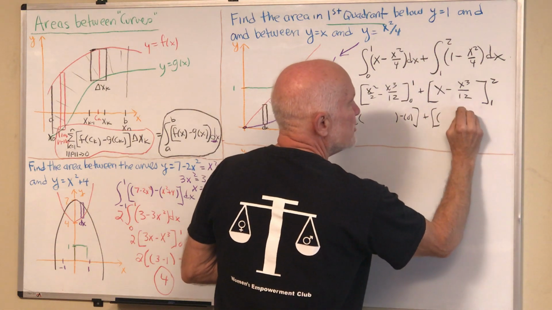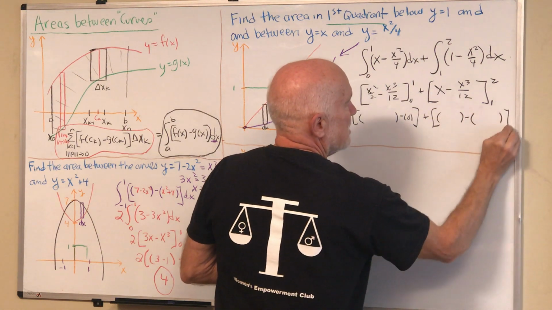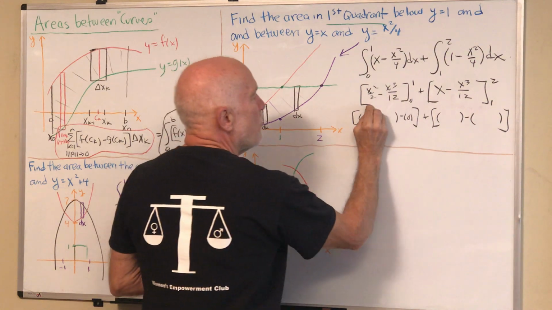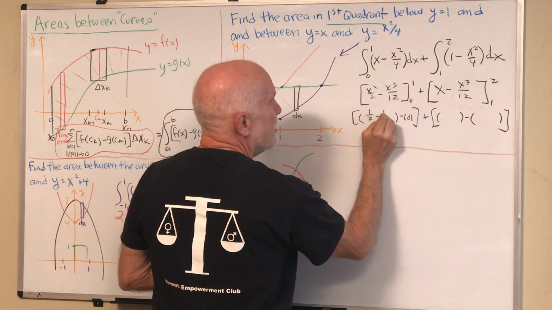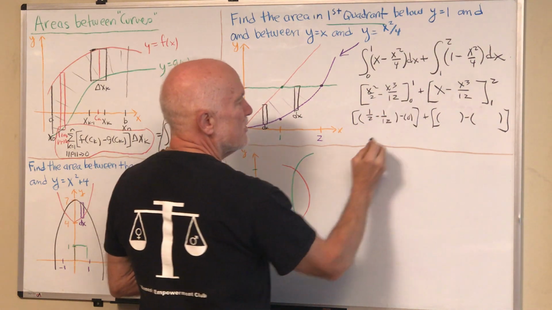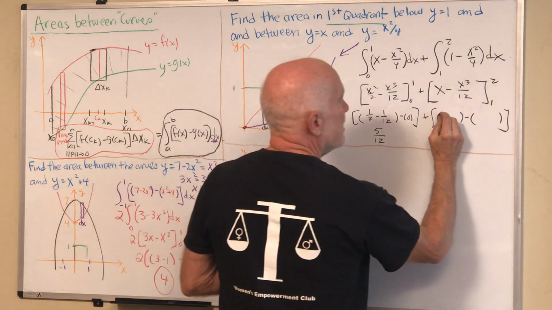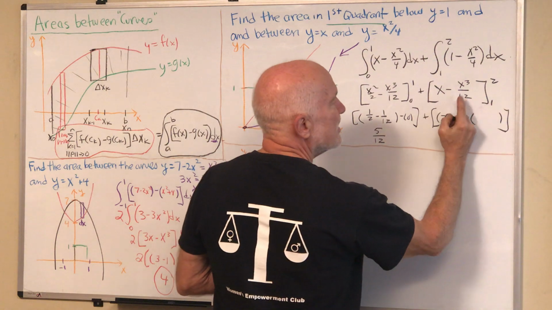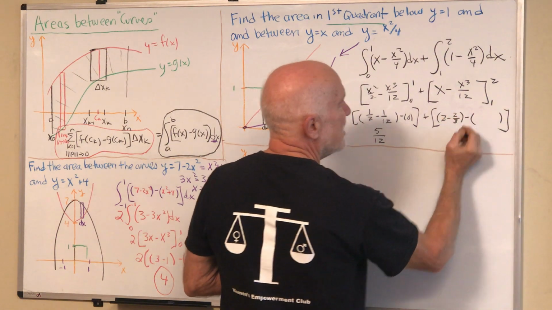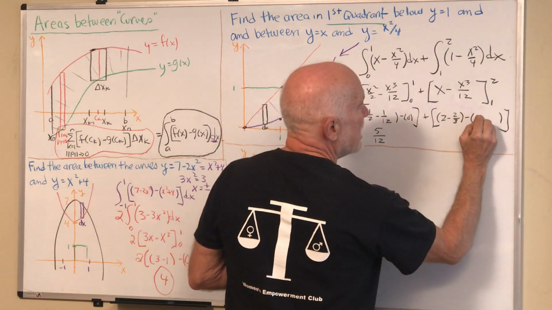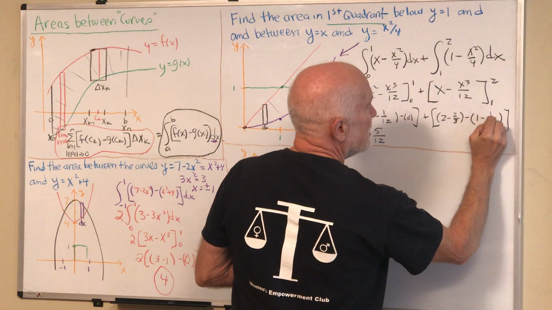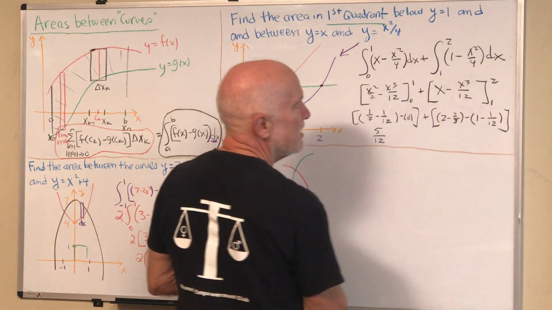Quite a bit of calculation to do here. So if I put in 1, I get 1/2 minus 1/12, which is 5/12. And this side I get 2 minus 8/12, or 2/3. And on this side I get 1 minus 1/12.